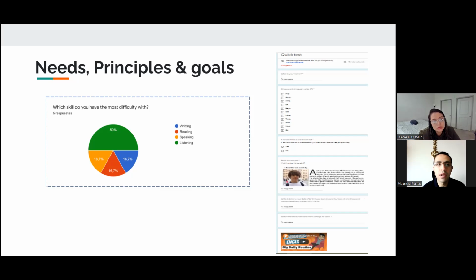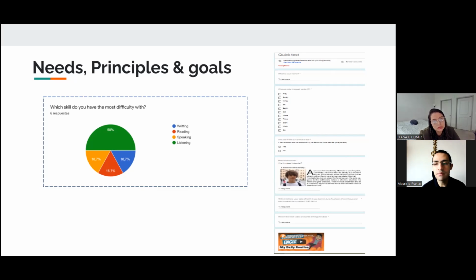Obviously, there are a couple of students with some difficulties, but I think in the process they can reinforce those weaknesses.